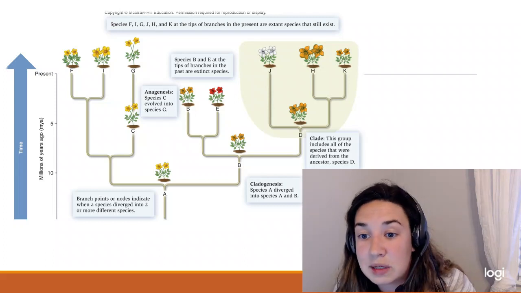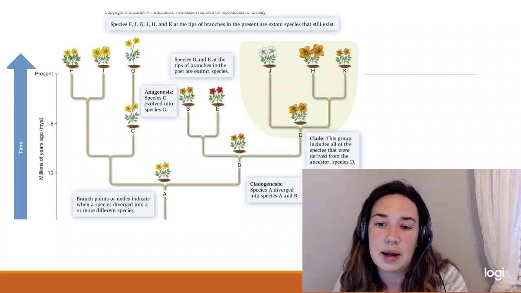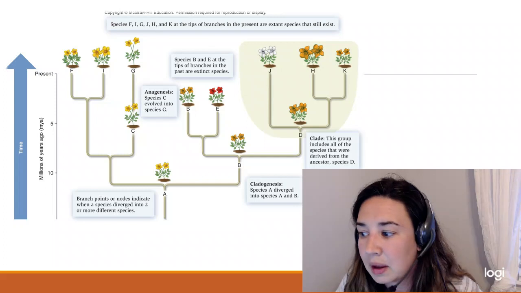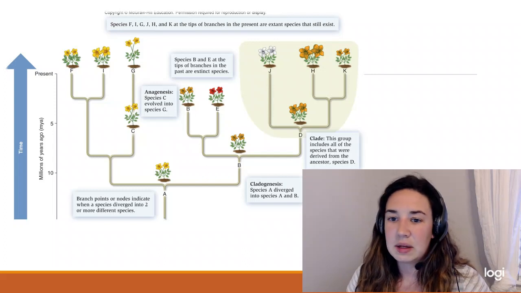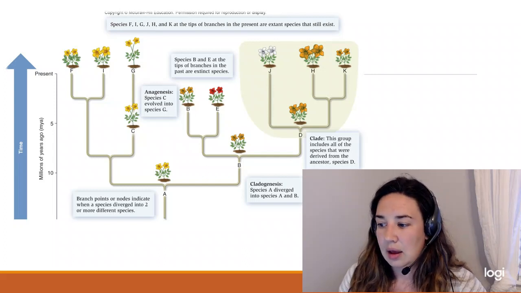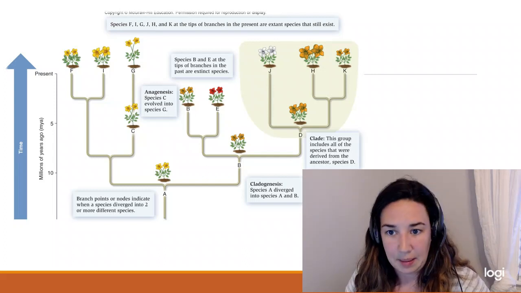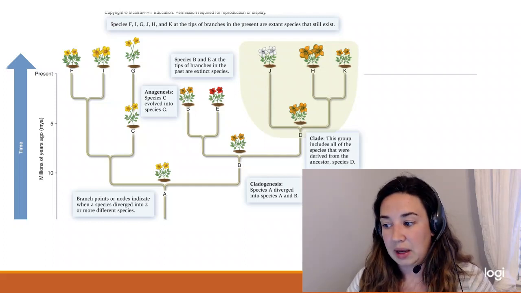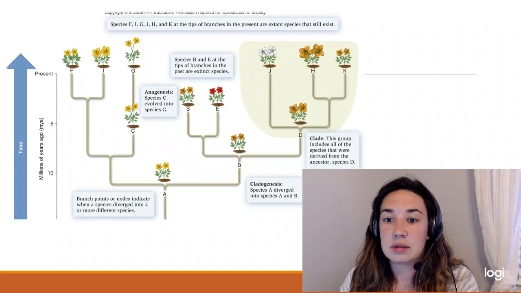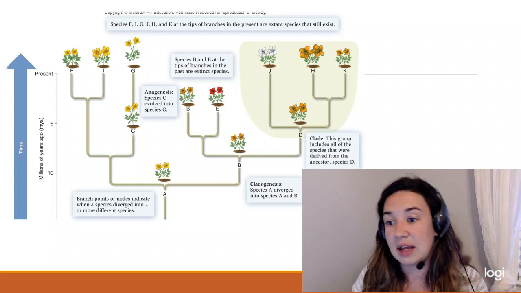Now we have species B on the right side. We're still on the right side, going through this now. After this divergence into A and B, we have the next step in the phylogenetic tree. Species B goes to the left and to the right.